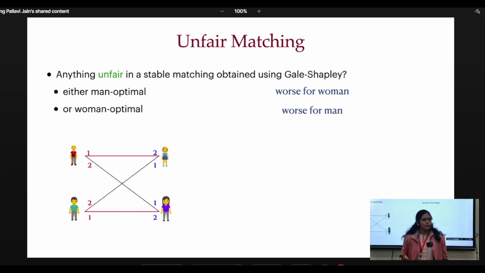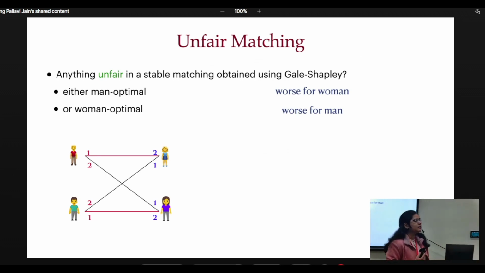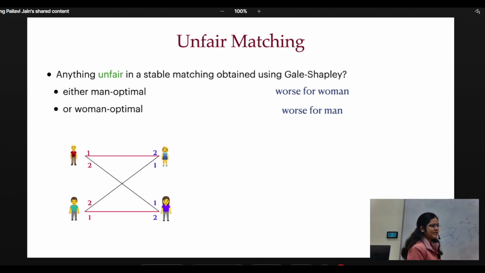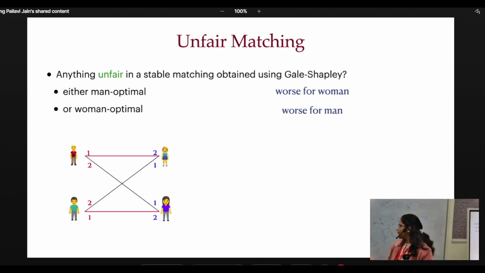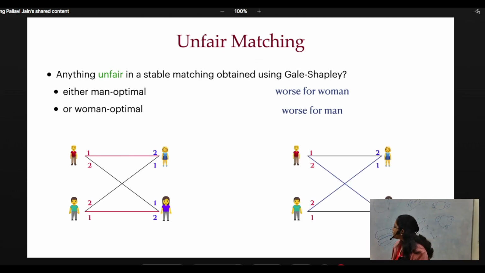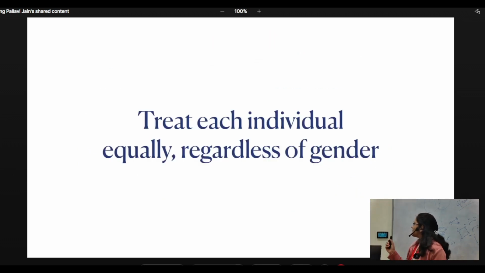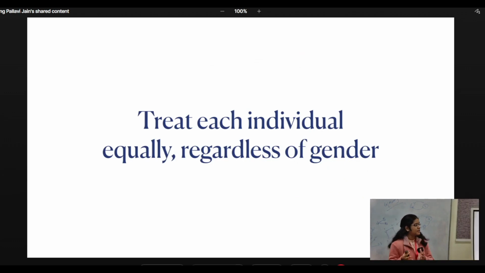Both the women are getting their second partner, so it is worse for them. And this blue matching is the woman optimal matching and is worse for men. This is what you would like to avoid: why is it man optimal and worse for women?